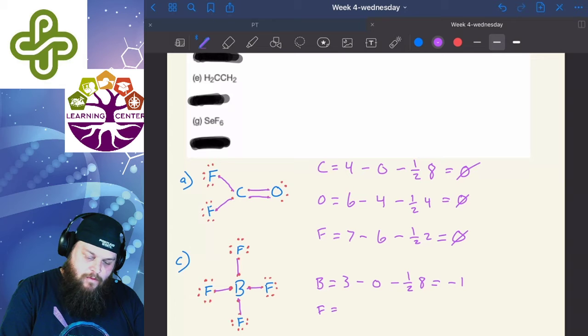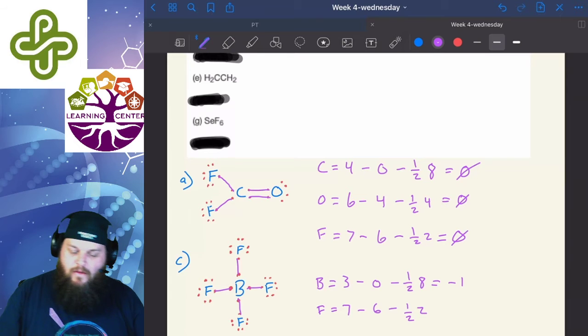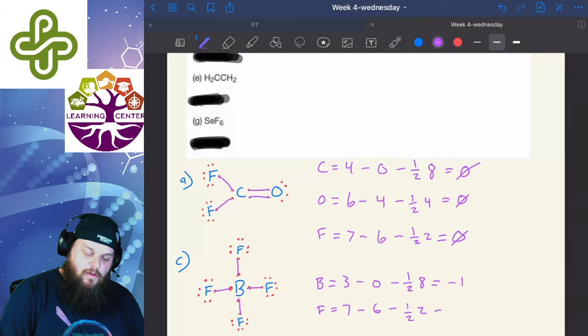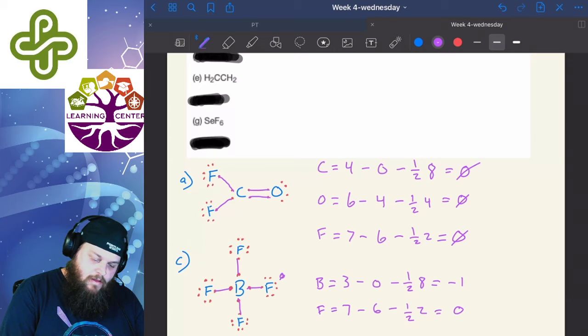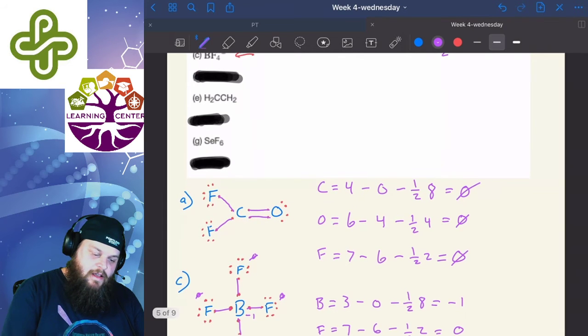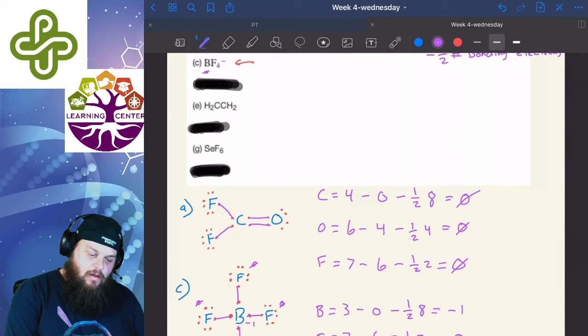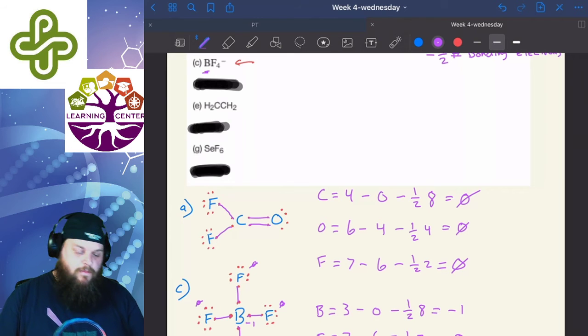Fluorine has a 7, just like we had up above, minus the 6, minus each of those fluorines has 2 bonding electrons. So subtract half of those 2, and that's going to equal 0. So really, these are all 0 charges, and this is a -1. So that -1 charge is going to be on the boron.